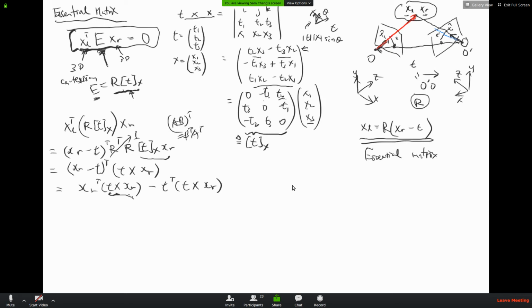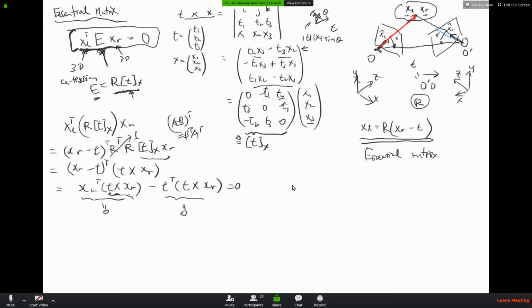For the inner product, if you have two vectors that are perpendicular to each other, the inner product will be equal to 0, right? So therefore this is equal to 0, and for the same reason this is equal to 0 as well. So therefore this is just equal to 0. So we have shown that this essential matrix has what we want here.